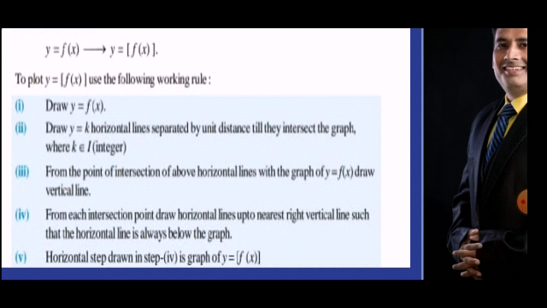Step 4: from each intersecting point, draw horizontal lines up to the nearest right vertical line, such that the horizontal line is always below the graph. The horizontal step-down in step 4 is the graph of y = [f(x)].